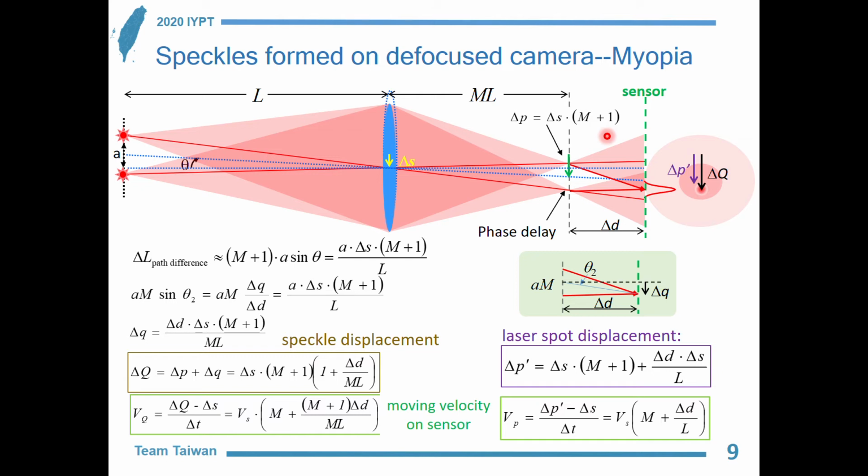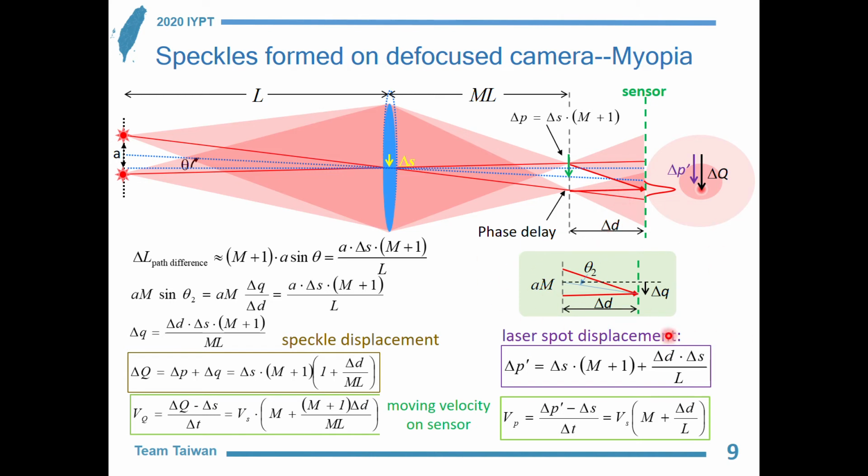However, since the light from two different sources is incident on the lens of the camera at an angle theta, the optical paths from the two points to the image plane are different and can be described in this formula. In this case, the upper ray is shorter than the lower ray. In order to form the same speckle with zero phase difference, the upper image point source must now travel a longer distance than the lower one to compensate for the path difference, as illustrated here.